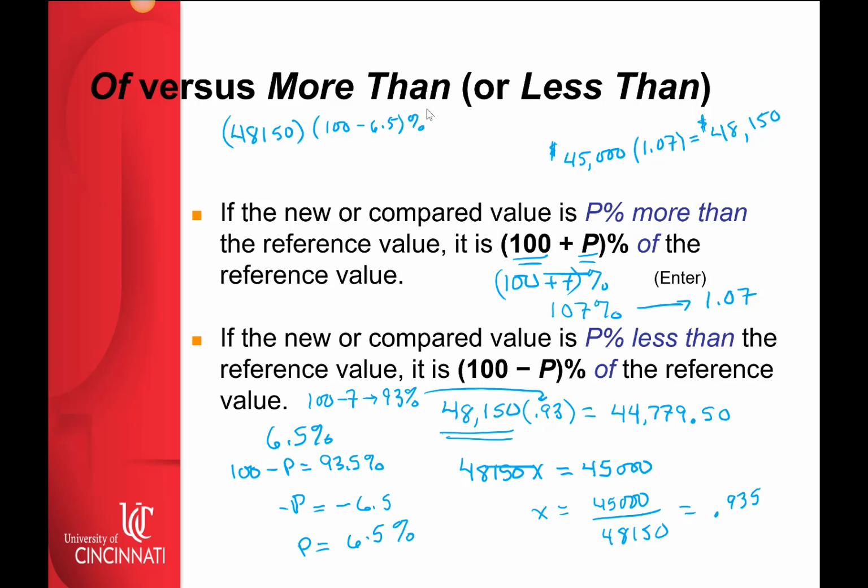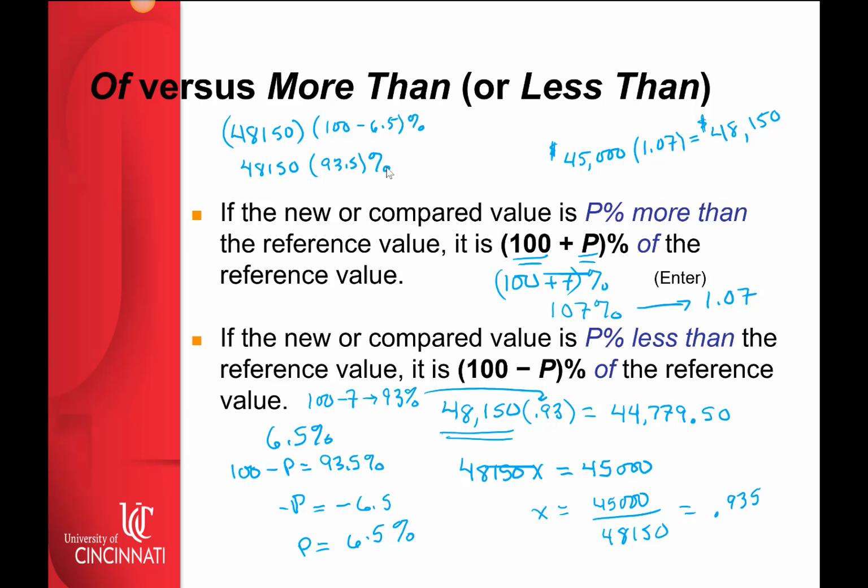And remember, this is a percent. So this is going to give you the 48,150 times 93.5%. And should we really multiply by a percent, or do we need to convert it back to a decimal? Convert it back to a decimal. And when I convert it back to the decimal, I'll put the 48,150 times 0.935 equals.